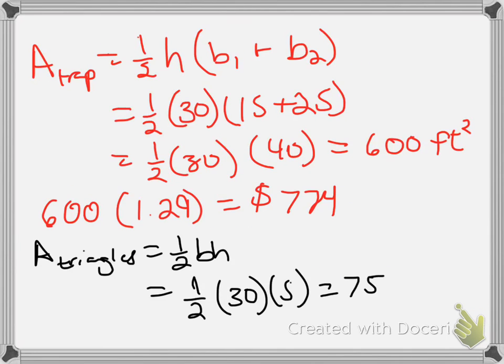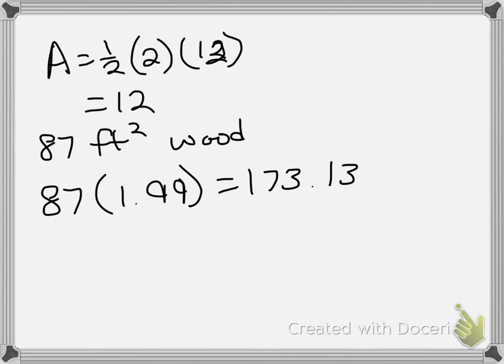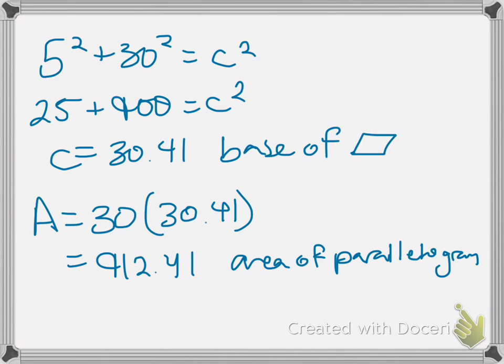Remember, the area of the carpet is the area of the parallelogram minus this little triangle up here. We already found that that triangle has an area of 12 square feet. So we're going to subtract 12, and then this carpeted area is going to be 900.41 square feet.